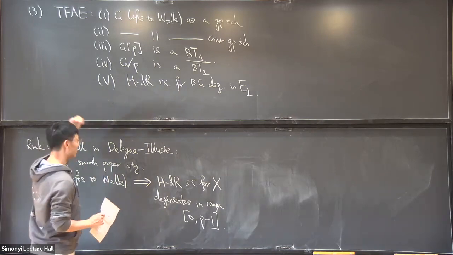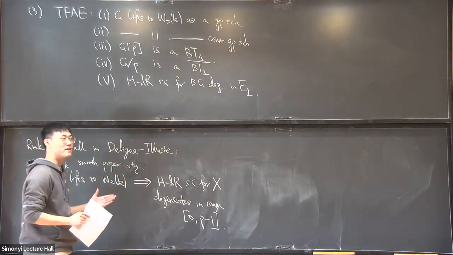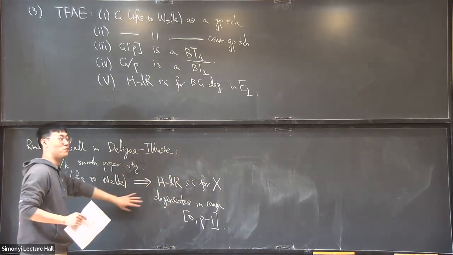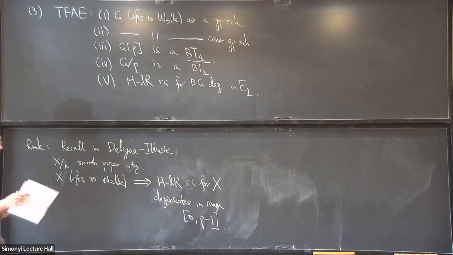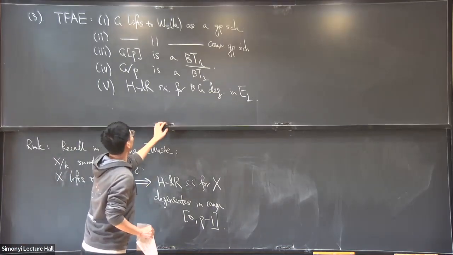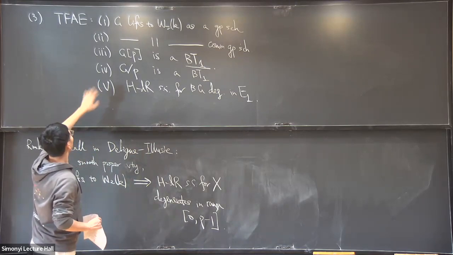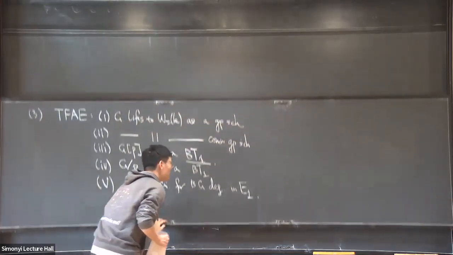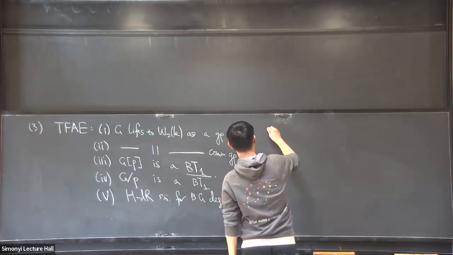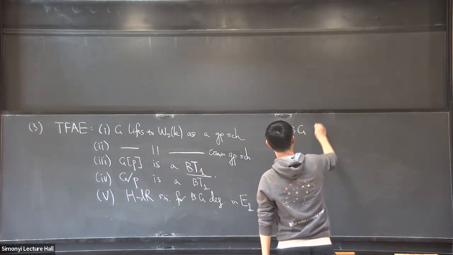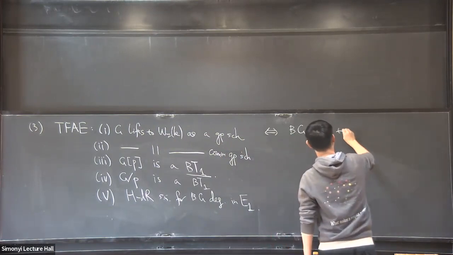So this statement is just saying that one cannot find a commutative finite flat group scheme G which does the job, fortunately or unfortunately. But then back to Karen's question. The reason why we care about this is that this first condition is more or less equivalent to BG lifts to W2K.